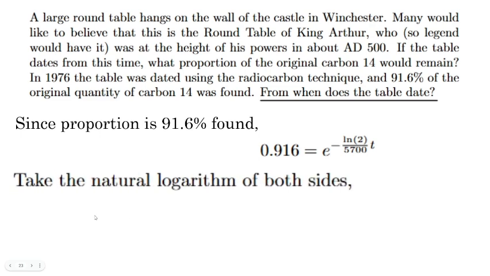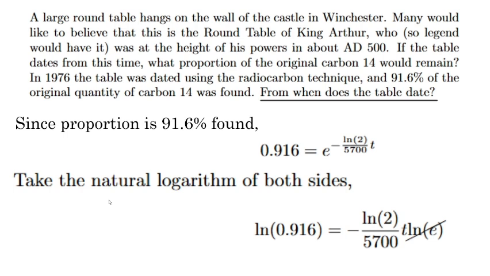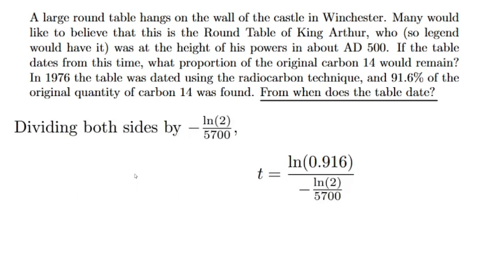So taking the natural log of both sides, we get ln of 0.916 is equal to negative ln 2 divided by 5,700 times T. So then dividing both sides by negative ln 2 over 5,700, we get T is equal to ln 0.916 divided by negative ln 2 divided by 5,700.